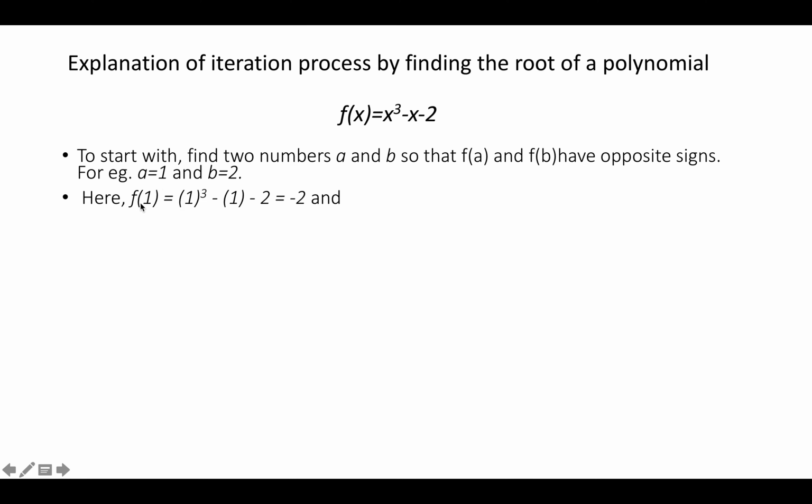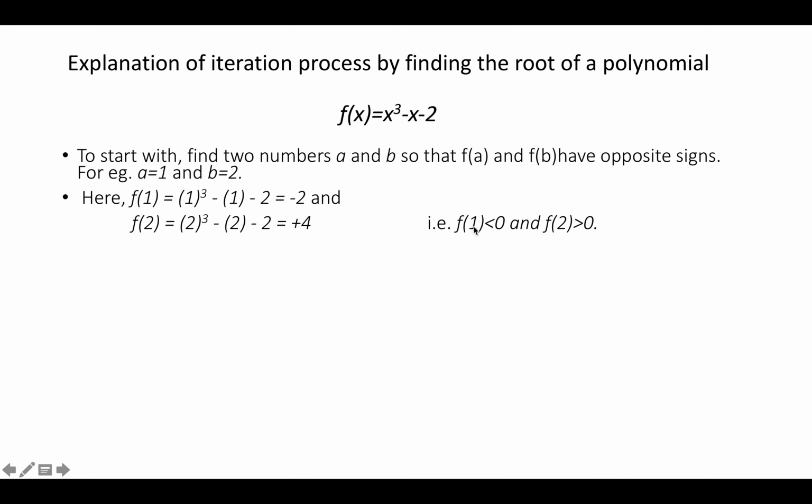Now let us check whether f(1), which is 1 cube minus 1 minus 2, is equal to minus 2. So we have substituted x equal to 1 here. So f at a comes out to be negative. Then again we calculate f at 2, because the other point is 2. So it becomes 2 cube minus 2 minus 2, equal to plus 4.